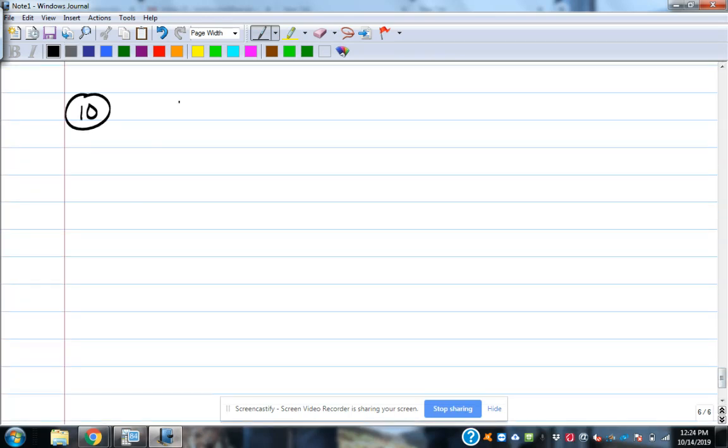Number 10. 4x squared plus 76 is equal to 16x. Uh-oh. Okay, we can do that. We take away 4x squared.